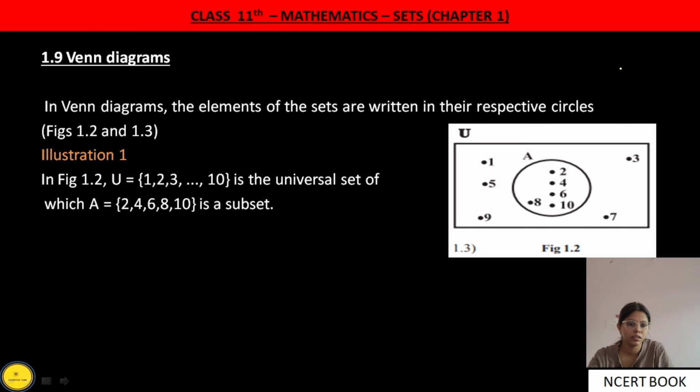Like in this figure, we can see that U contains 1, 2, 3, 4, 5, 6, 7, 8, 9, 10. So U is the universal set here, and A is a subset of this universal set. A contains elements 2, 4, 6, 8, 10. This is our set A from the universal set.